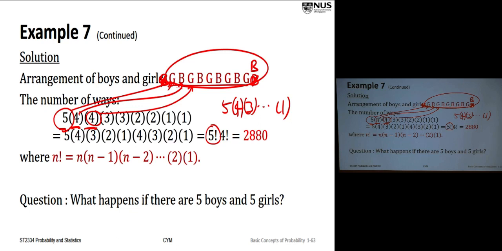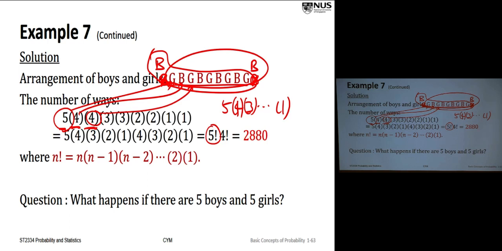This is our arrangement. All right? Another arrangement is to put the 5th boy here. So this is another arrangement. Right? Are they the same? They're not the same. Right? So, why are they not the same?